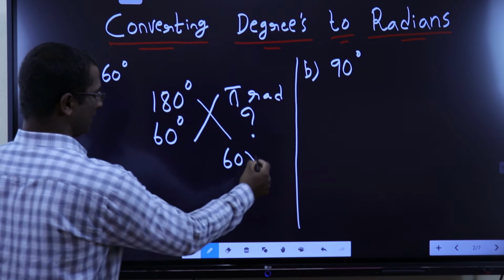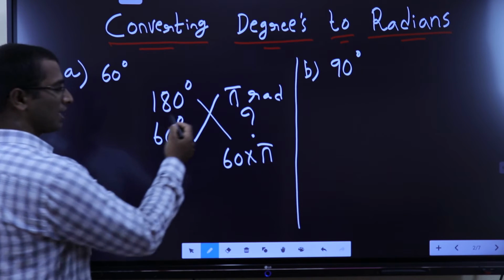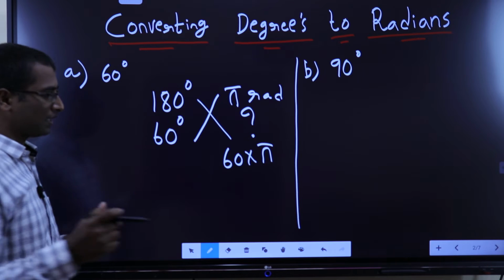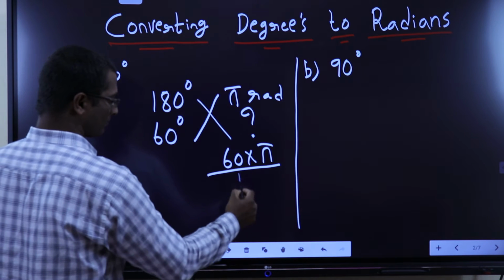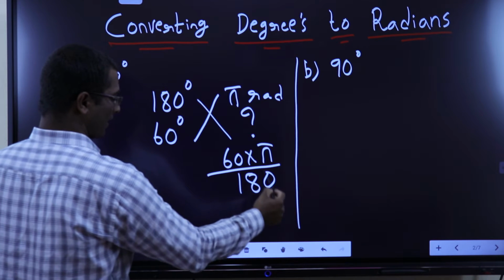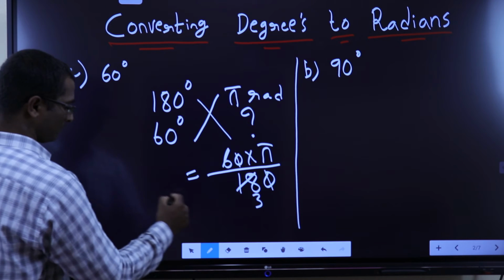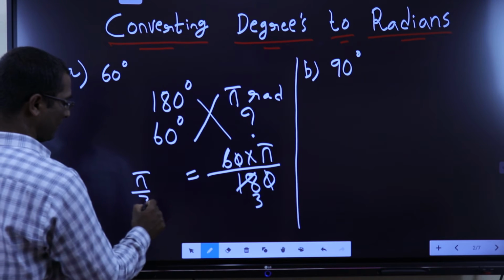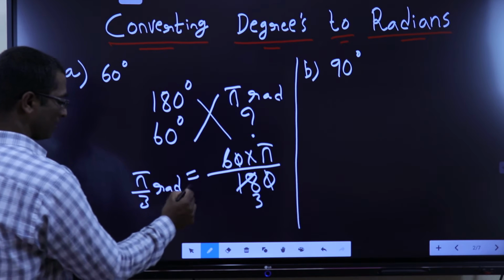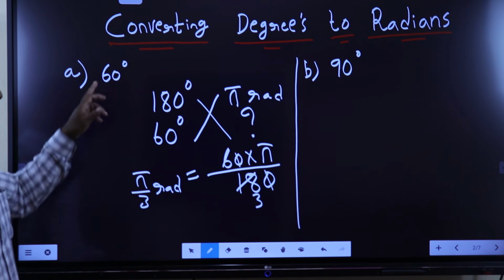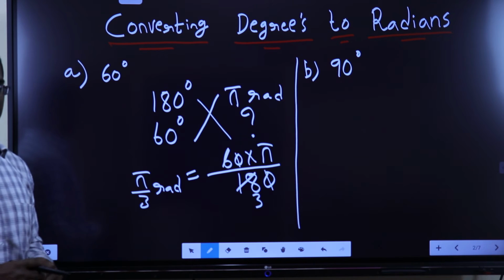So that will be 60 into pi. Whatever is the remaining number, write it below. Now you cancel it out. So that is nothing but pi by 3 radians. Clear? This is how we convert. 60 degrees is nothing but pi by 3 radians.